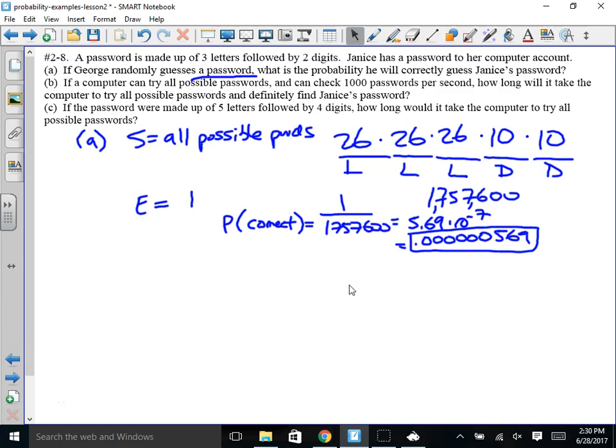Okay, let's move on to part B. Part B says, if a computer can try all possible passwords and can check 1,000 passwords a second, how long would it take the computer to try all the possible passwords? All right.